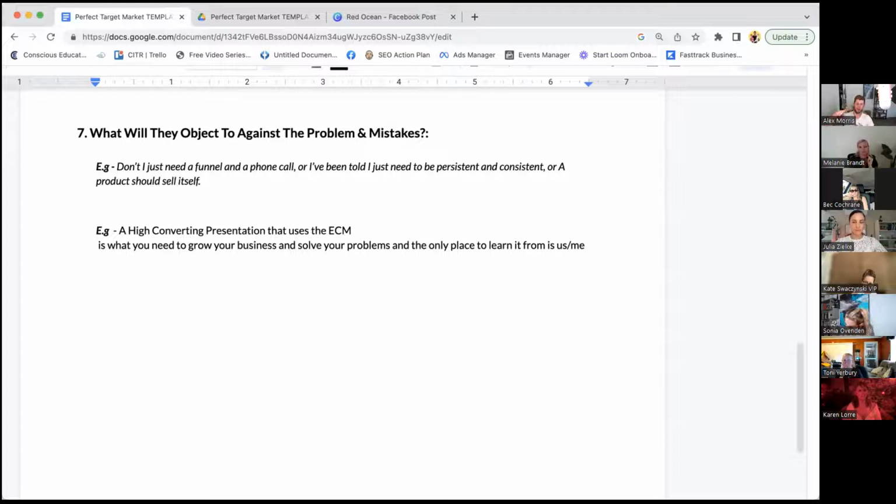Yes, I would love to exercise 45 minutes a day, but I've got kids on lots of different schedules. Yes, I'd love to lose my beer belly, but after-work drinks on a Thursday and Friday night are very important for the development of my career. Does anyone understand what I mean? What are the excuses they're giving themselves as to why they haven't achieved this yet? So that's the objections.